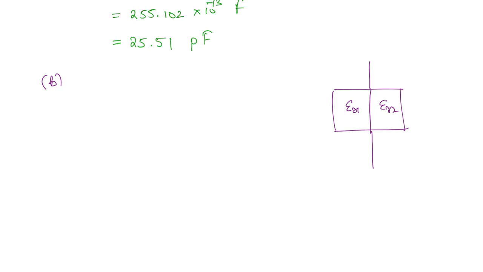So you can consider this as one capacitor and this as a second capacitor, and you can see that they are in parallel. If they are in parallel, when you know C1 and C2, then C equivalent is the sum of these capacitances for a parallel connection.